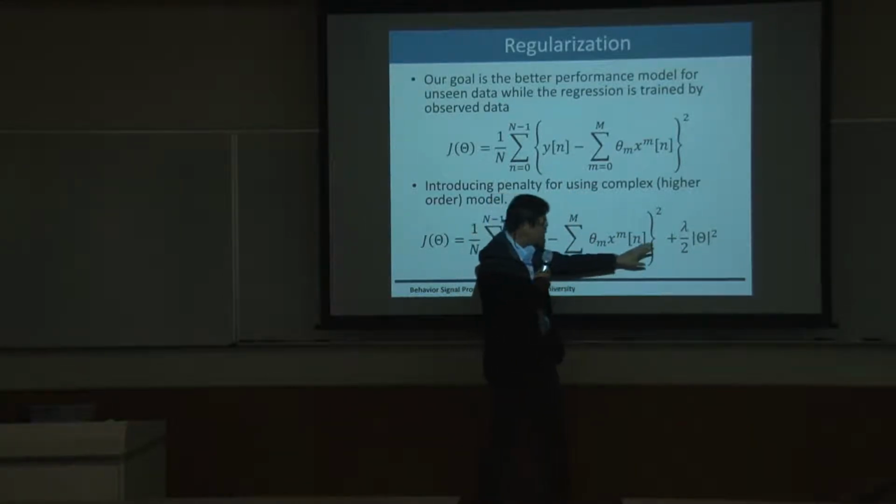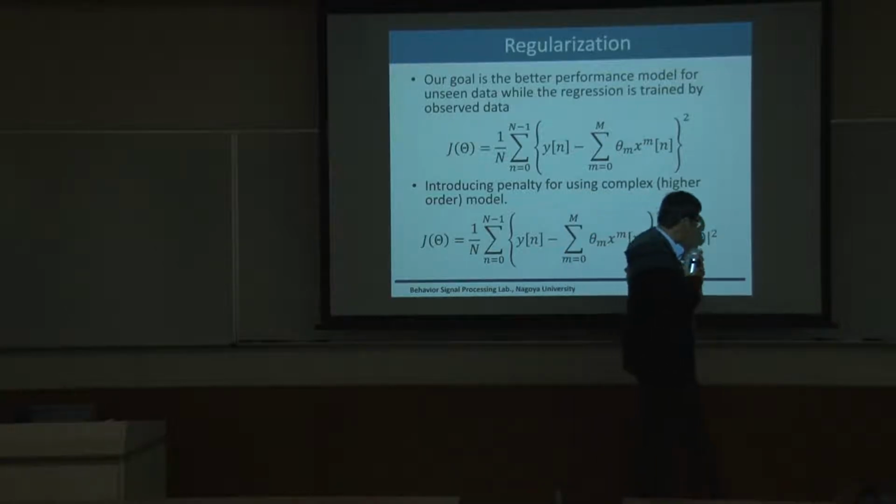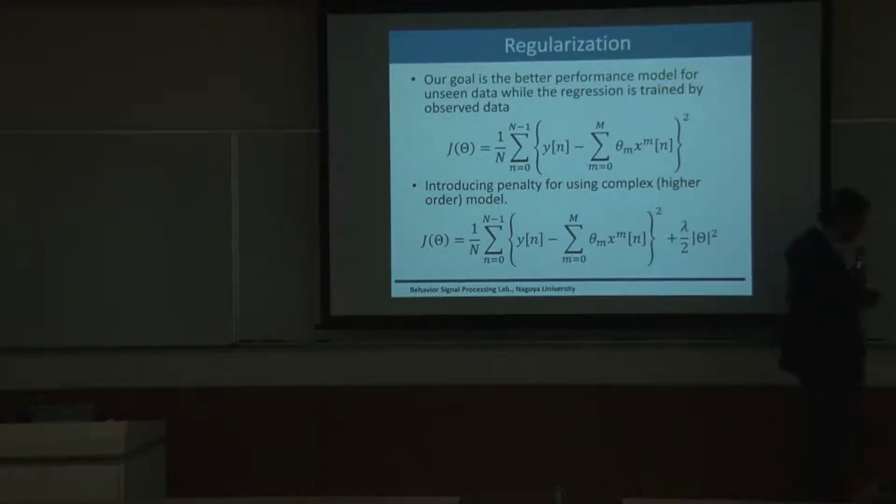So this term somehow can be regarded as an index of the number of the 0 or almost 0 or disregardable free parameters. Therefore, if you add this, then the system tries to decrease the number of the freedom in terms of the distribution of the parameter values.